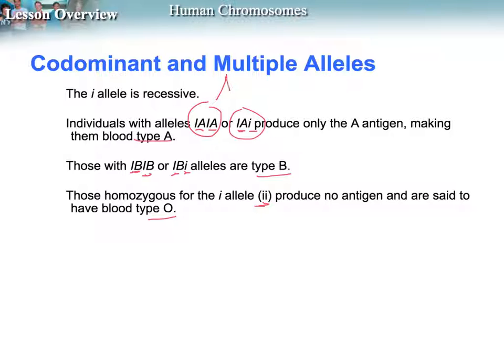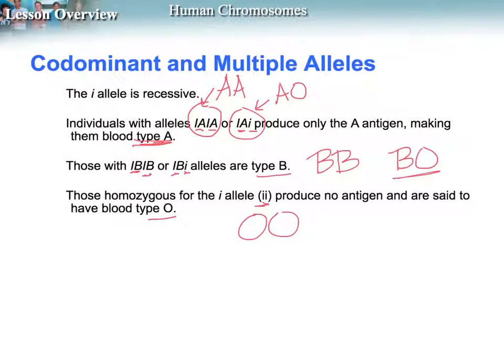Now when we start doing Punnett squares, I'm fine if you actually write things out just like this, or what we've done in the past is that we just write AA. Instead of writing the I's, we just write AA. And then anytime we're going to show O, we just write an O. So instead of writing all this out, you can just write AO, but both represent blood type A. For blood type B, again, I'm fine if you write just BB, or big B, O. And then for blood type O, I'm fine if you just write 2 O's.